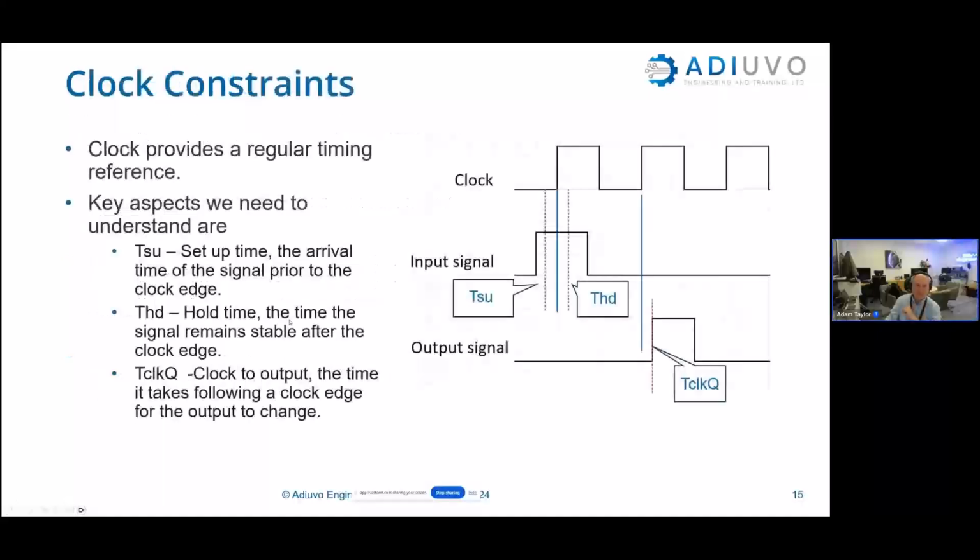Where's my mouse go? So just to make sure that we're all on the same page before we move through, what we really want to do is make sure that our input signal is stable for the setup and the hold time. And we also need to take into account the clock to output time, that change from when the clock arrives to the data actually becoming stable.